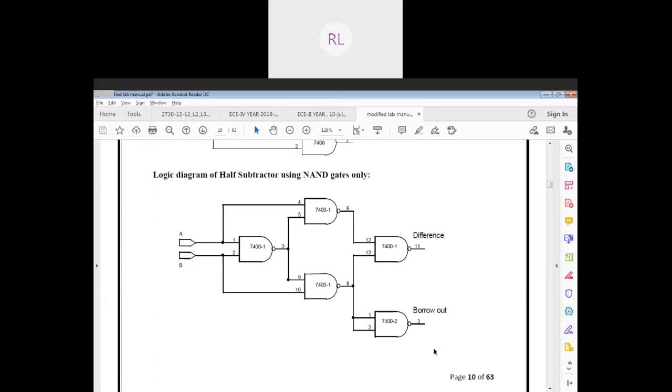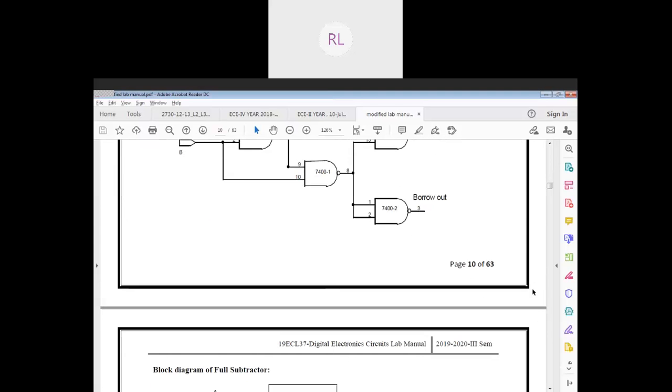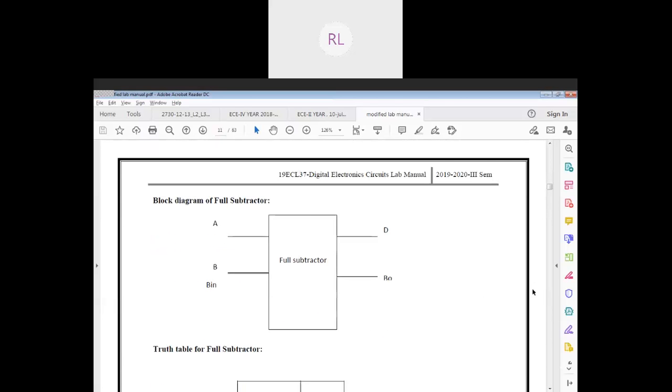I'm borrowing because the value is very small, so I cannot subtract something from 0. I have to take some value, so for that I am borrowing. That is why we are getting a high borrow. Similarly here, 1 minus 1, I get 0 and 0.